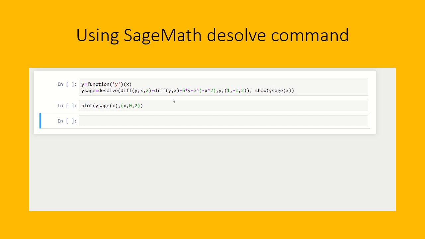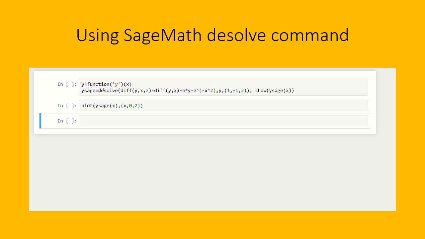Let's see how we can let Sage do all the computations for us to find the solution to the initial value problem plus plot that solution. It only takes a couple of cells to do. In the first cell, we declare y to be a function of x, and then I'll define another function y_sage, and it's going to be the solution to the differential equation.